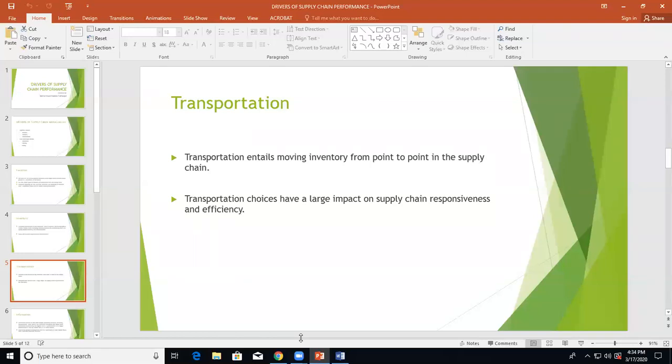It depends upon you what kind of response you are supposed to give to the customer or you have promised to give to the customer. So transportation is dependent on the promise or the choices you make to fulfill the competitive strategy of your company.